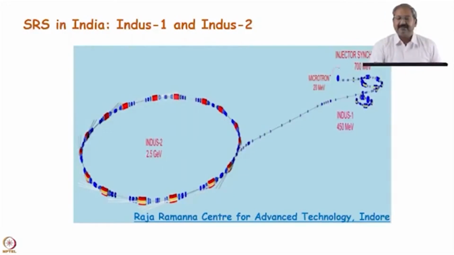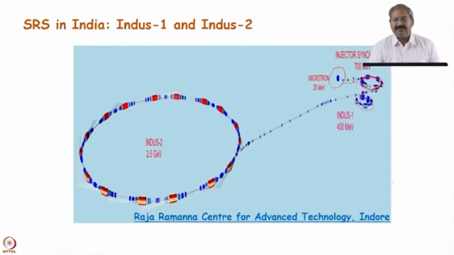Here, first of all, there is a microtron which raises the energy of electrons up to 20 MeV. The source of the electrons is situated inside the microtron, and then there is a transport line which sends the beam into this booster synchrotron, and this booster synchrotron, after attaining the desired energy level of the electron beam, sends it into two storage rings.